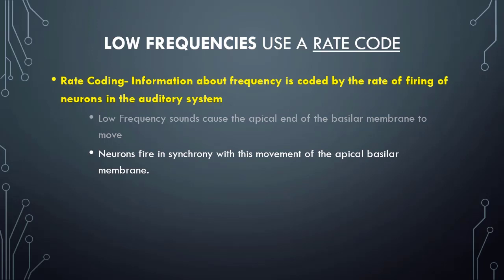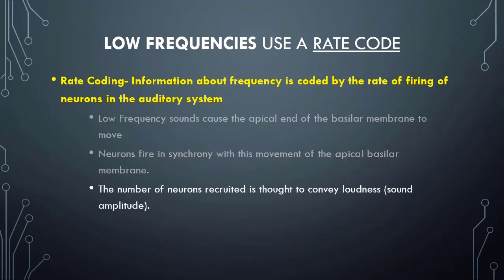And what we've seen is that neurons can fire synchronously with this. So as the cochlea vibrates, we'll get neurons to fire along with the peak of that vibration. And then the louder the sound is, the more neurons it will recruit. Part of this is because we talked about neurons being tuned, right? We talked in the visual system about neurons being tuned.